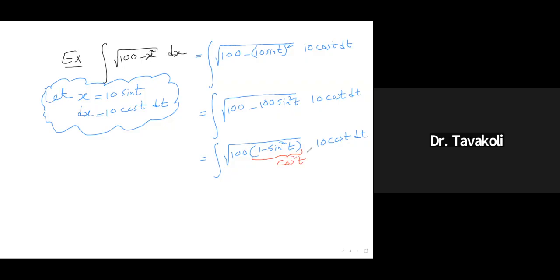Let me continue here. So I will have the radical of 100, which is 10. The radical of cosine squared is cosine t. And then times 10 cosine t dt.